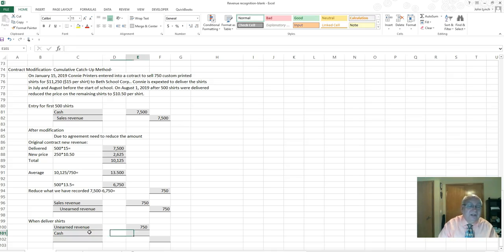Cash or accounts receivable will be for the 250 times the price of 10.50, or 2,625, and sales revenue will be a credit for the 3,375, which is these two added up. Okay, so that's how you do the catch-up method.